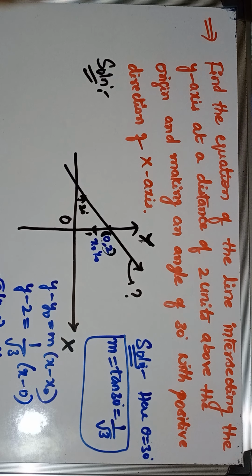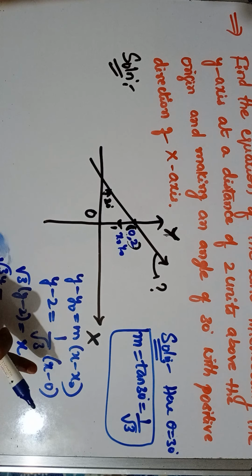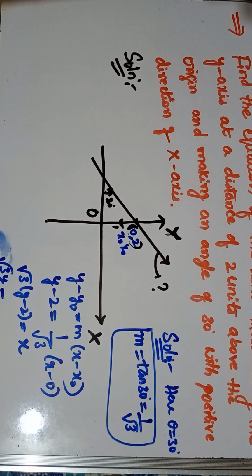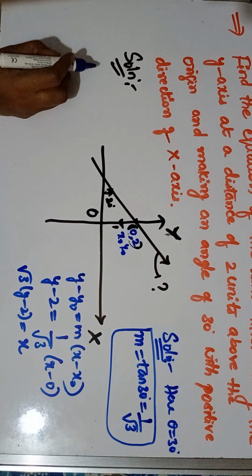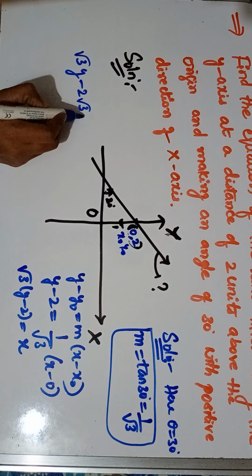So now let us further simplify this. Cross multiplying, root 3 into y minus 2 is equal to x, 1 into x is x. Okay, so further simplifying this, root 3 into y is root 3y, minus 2 root 3, is equal to x.